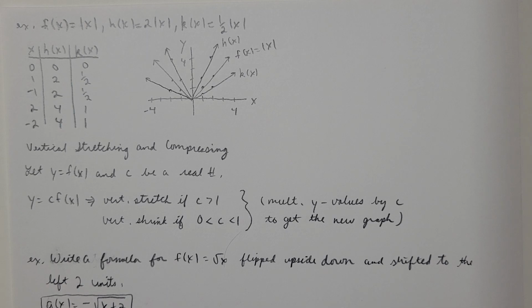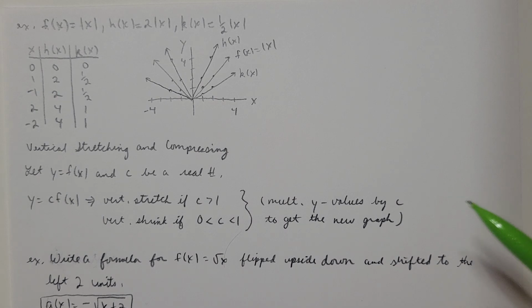Now, in general, how do you get the new graph? Because just saying that you're stretching the graph out or smashing the graph, that's lovely, but how do I get the new graph? Well, all you're doing is multiplying all the y values by c, which is sometimes called the stretch factor, to get the new graph.